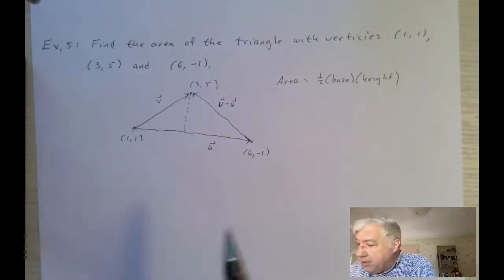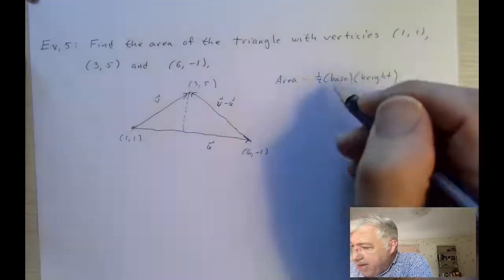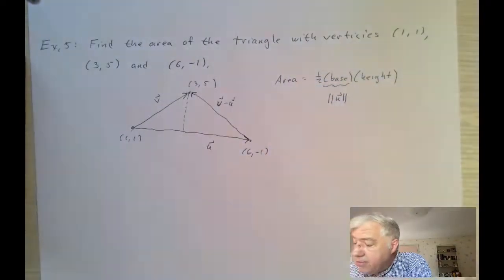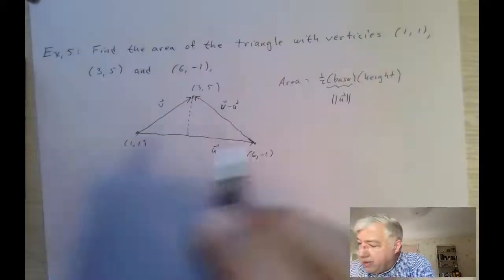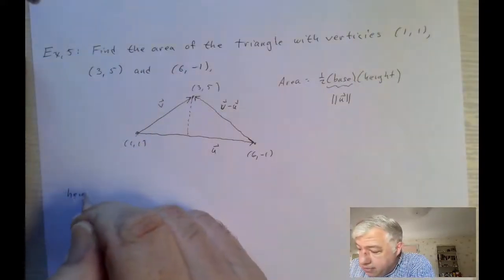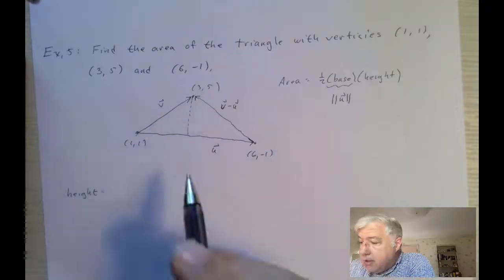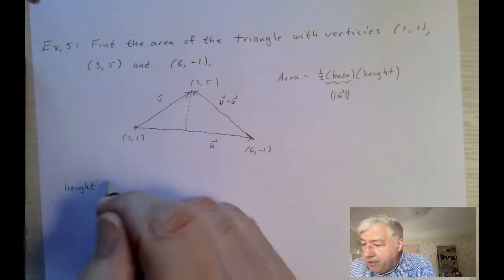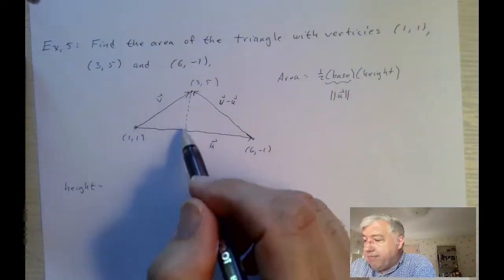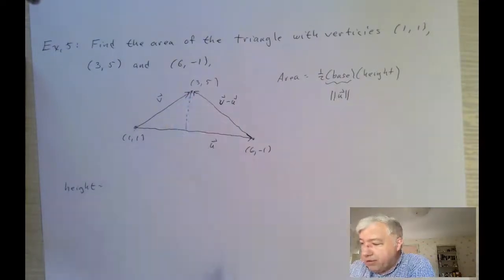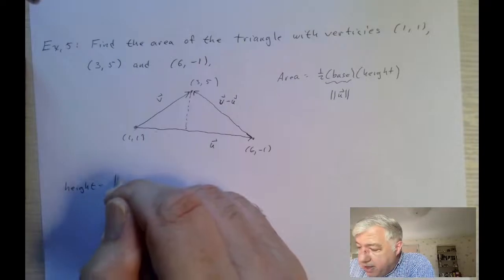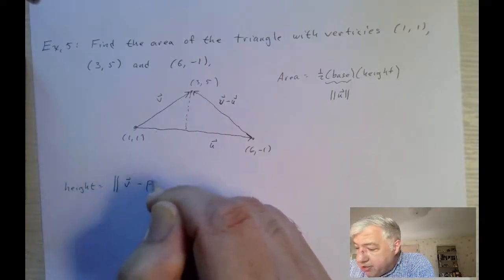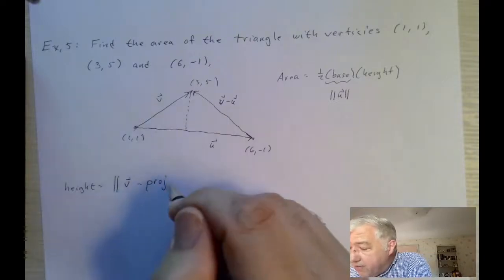Okay, so the base, as we said, is the length of u, and the height is the length of this vector, which we said is going to be the length of v minus the projection of v onto u.